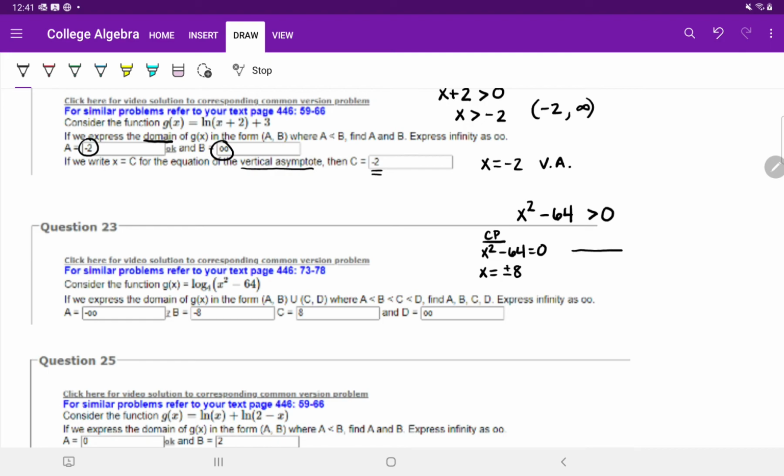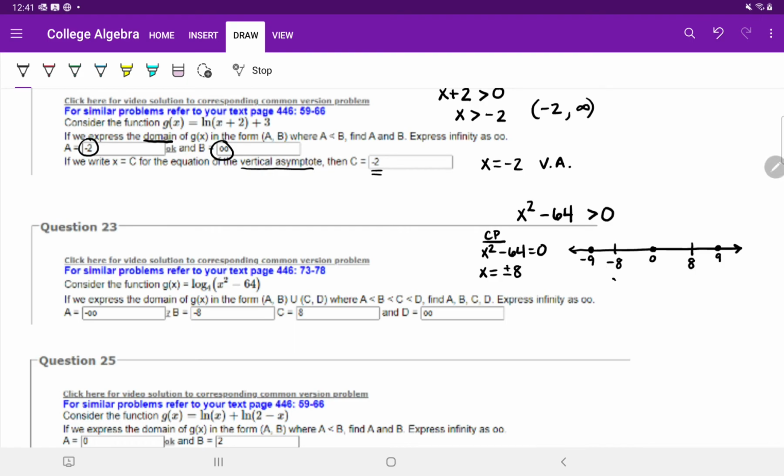We draw a number line. We mark our critical points, and we choose test values within each interval. So the negative 8 and the positive 8 divide our number line into intervals, and we're going to choose a test point inside each one of these intervals. So I'll just use 0, because I love using 0, it makes it easy, and -9 and +9.